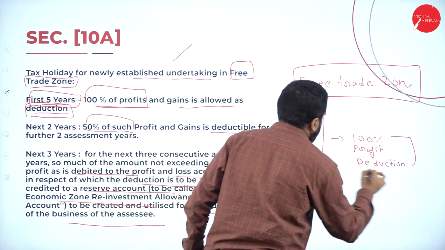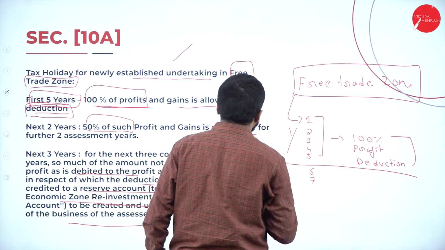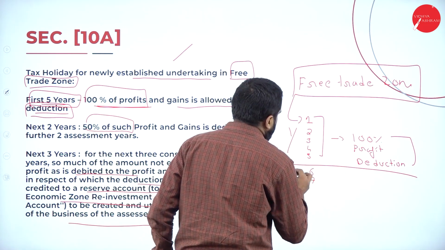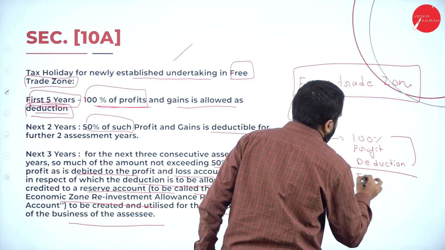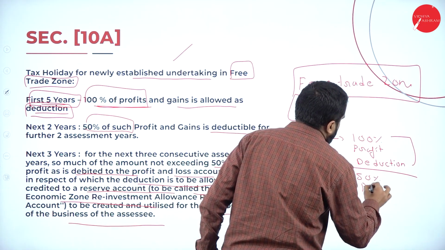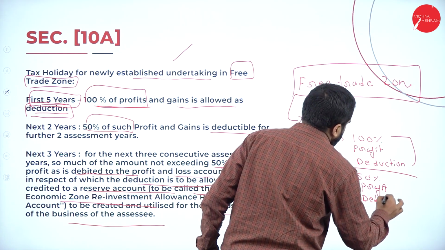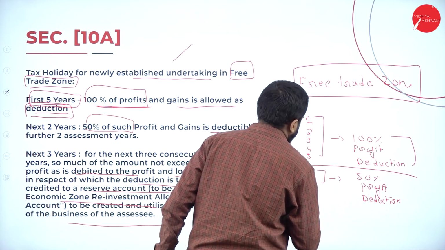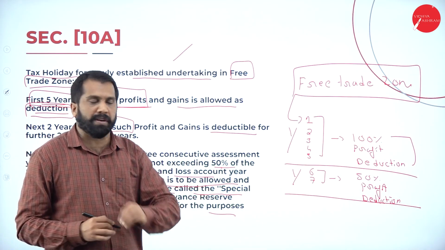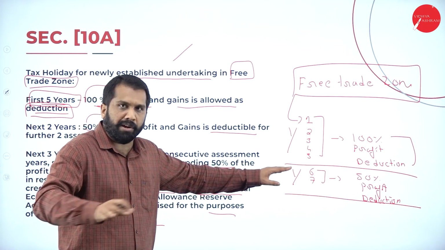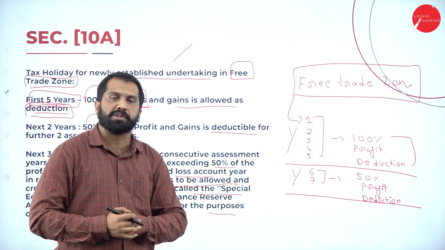Now, next, year 6, year 7, next 2 years, we call it 50% profit deduction. Whatever profit you earn, if the profit is 100 rupees, 50 is deduction, they will not consider. Balance 50 you are supposed to calculate tax and pay.